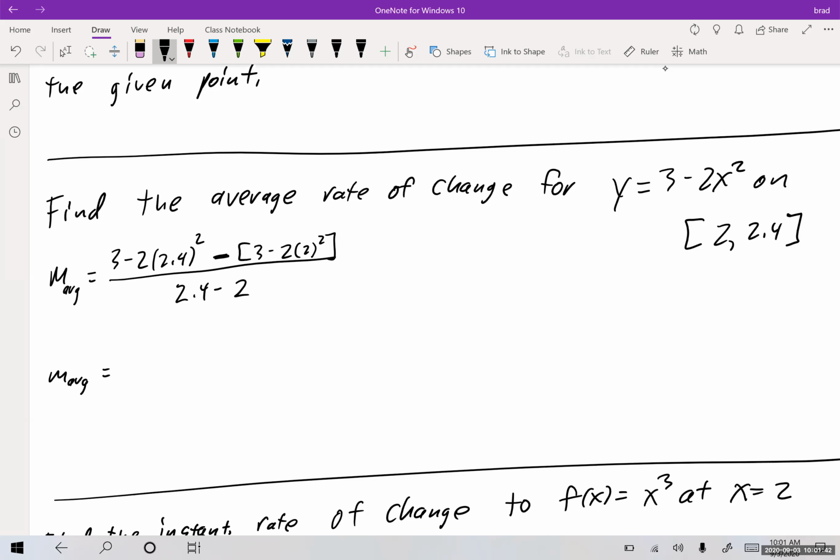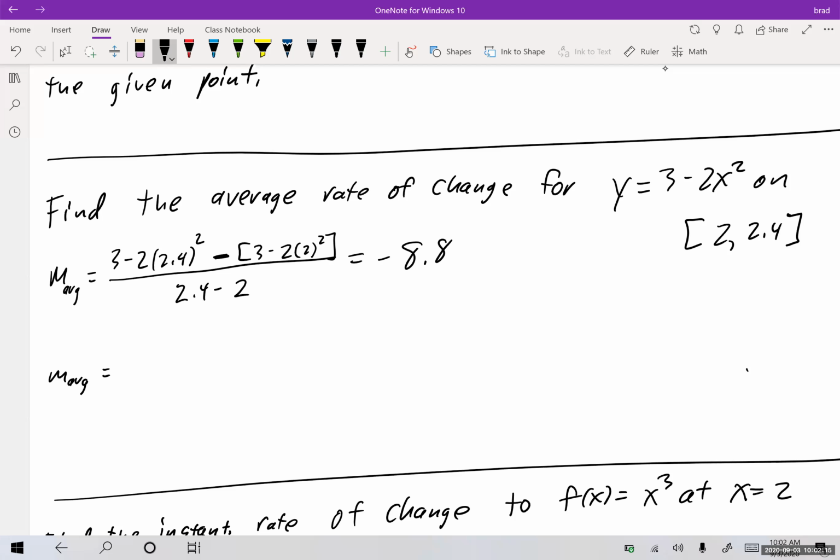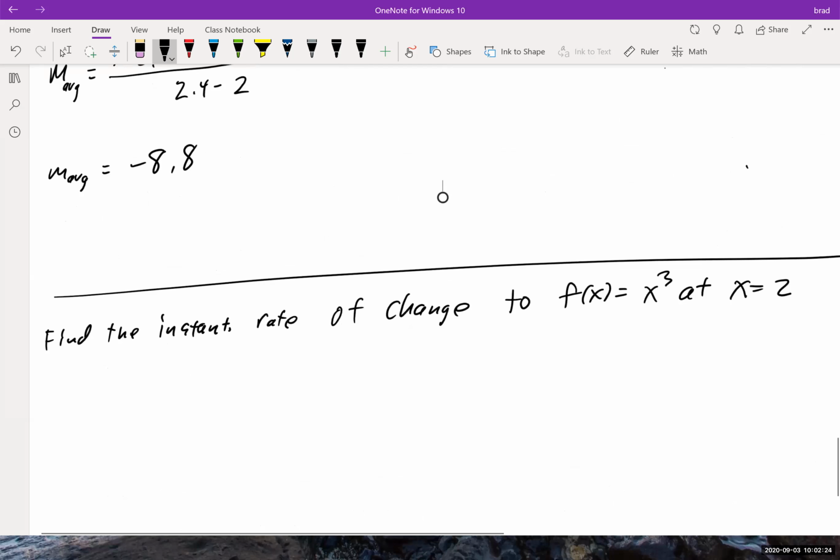I'm going to do 3 minus 2 times 2.4 squared minus, let me put parentheses, (3 minus 2 times 4), divided by 0.4. So you should get negative 8.8. Hopefully that's correct. Let me write it down here. Negative 8.8.